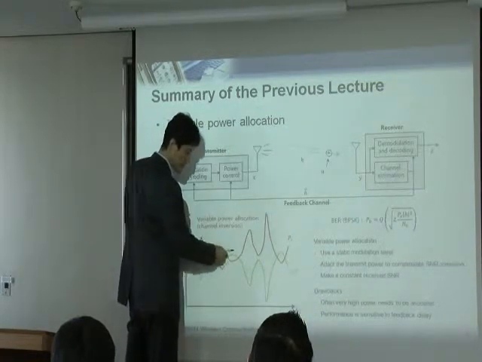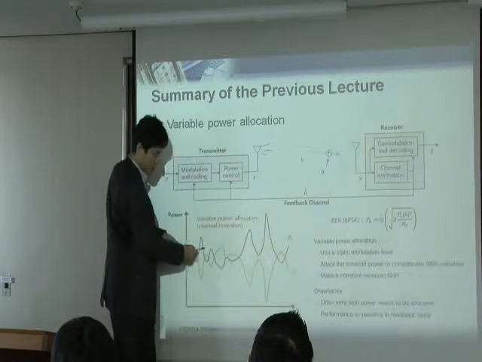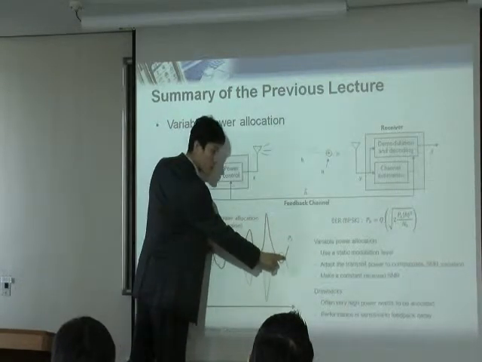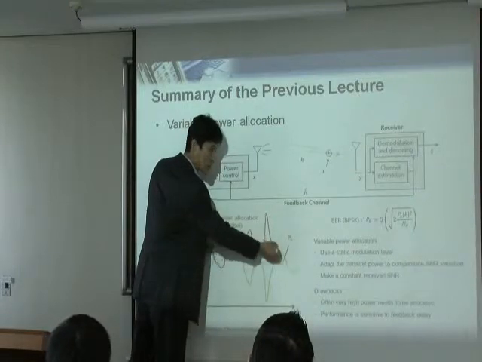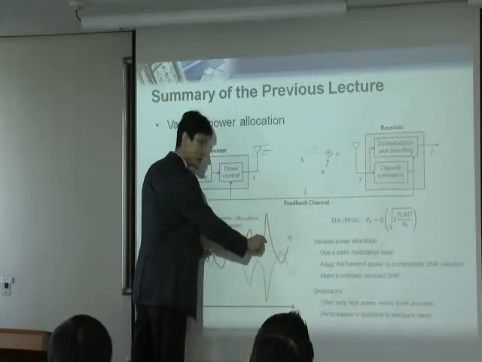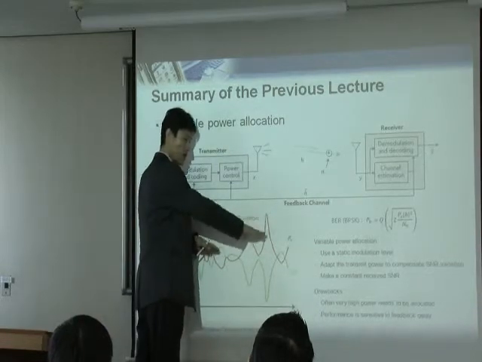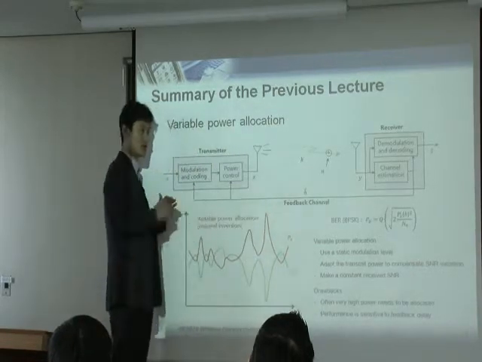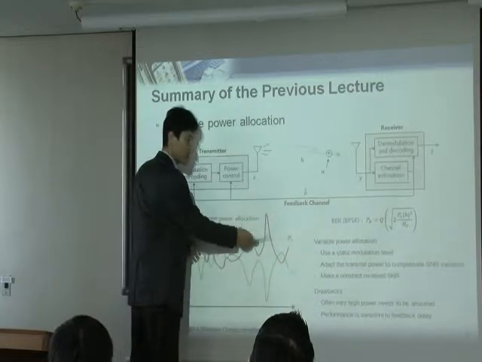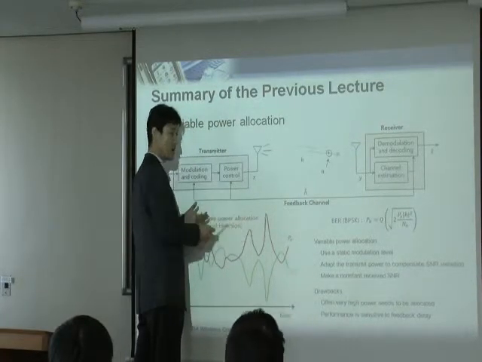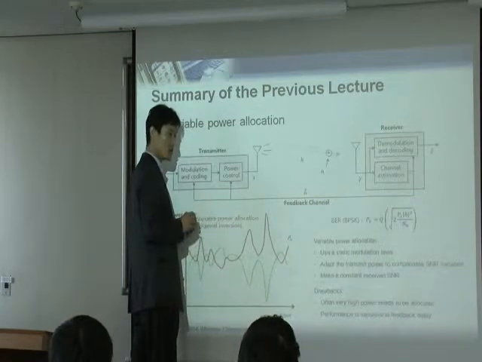So in this case, the average power is somewhere here. What that means is when the channel condition is good, you basically steal some of the power from here and allocate it to another time instant. So you are doing uneven time allocation. That way the average power is still maintained. So this is not additional power that you have to have. If this were additional power, that would be the cost. In that sense, yeah, what you're saying is right.